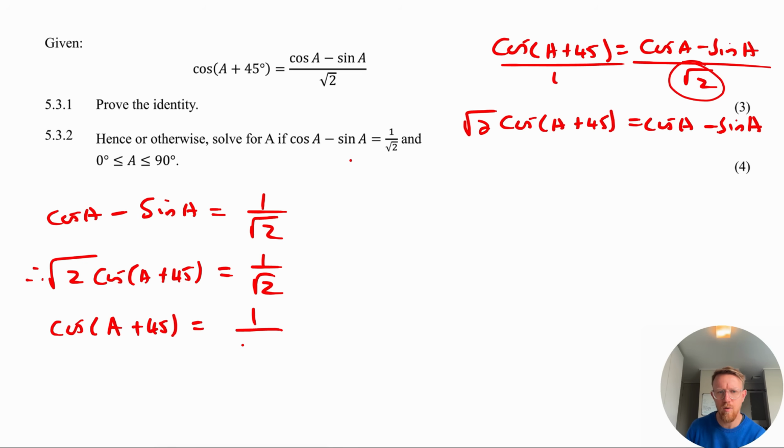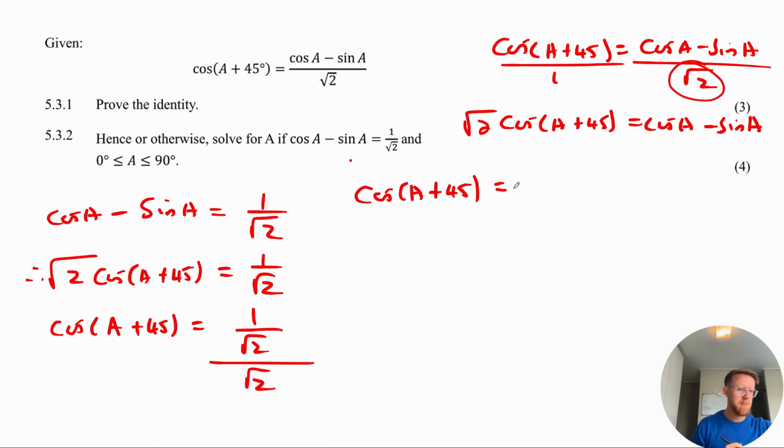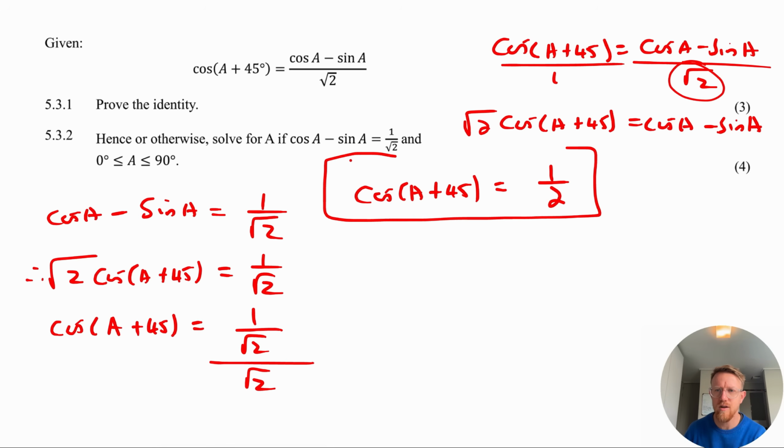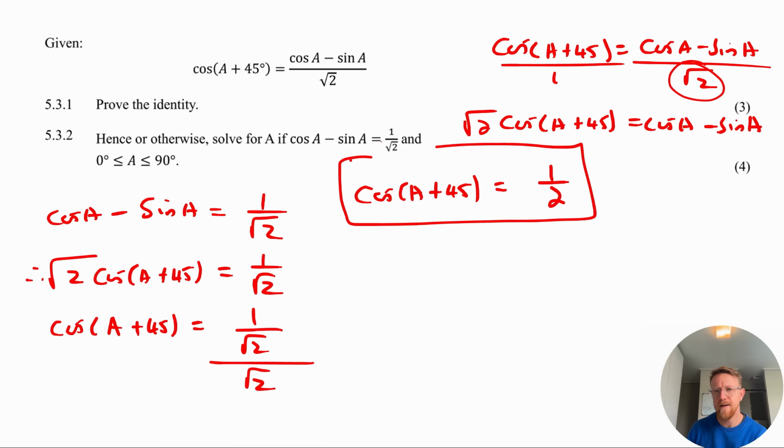So you're going to say 1 over square root 2 divided by square root 2. And so cos A plus 45 is going to end up becoming a half. And now you can literally forget about the rest of this entire question, and this just becomes a whole brand new general solution type of question.